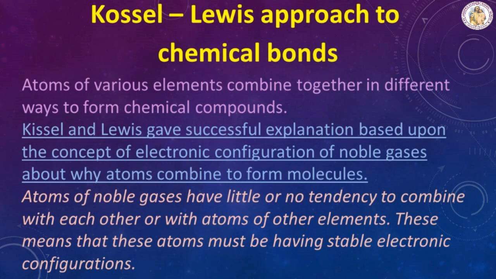About why atoms combine to form molecules: atoms of noble gases have little or no tendency to combine with each other or with atoms of other elements. This means that these atoms must be having stable electronic configurations.